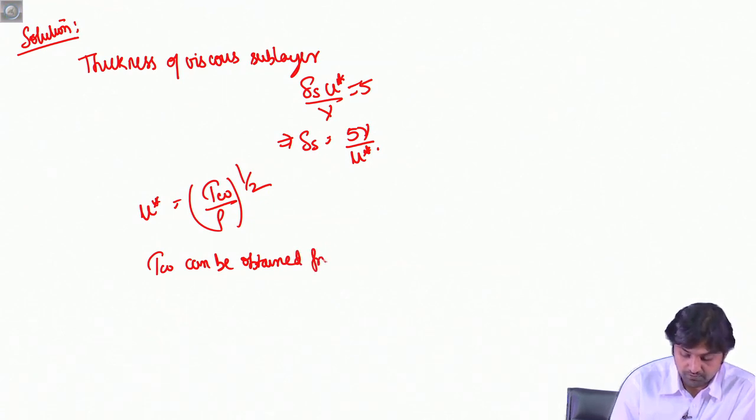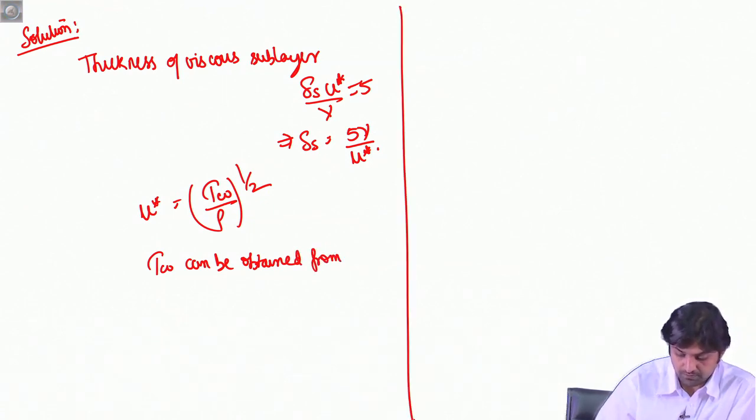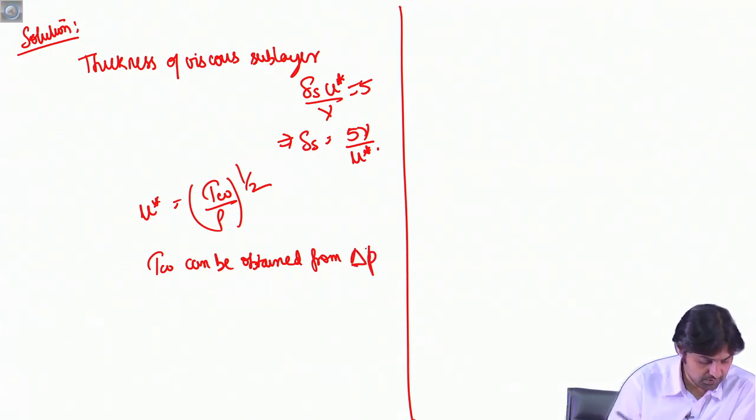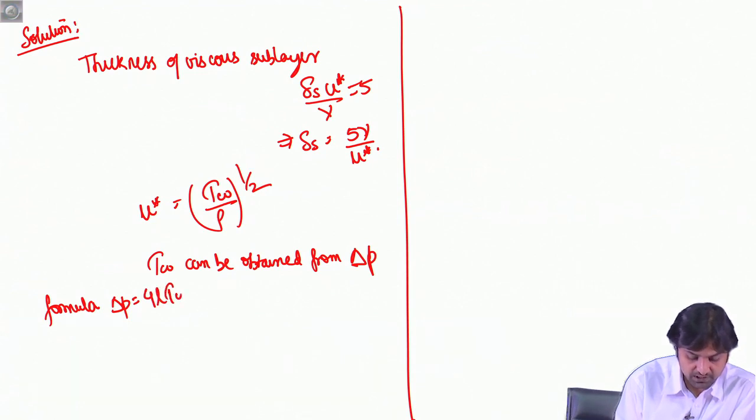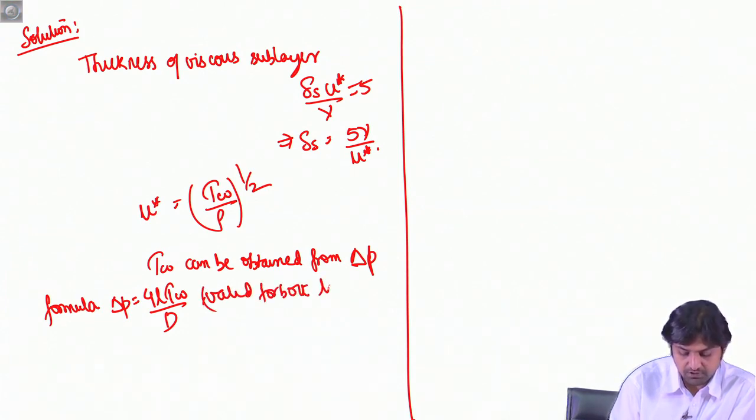So, tau w can be obtained from the pressure drop formula of delta P is equal to, you remember, 4L tau w by d, that we derived. It is valid because it is valid for both laminar and turbulent flow.